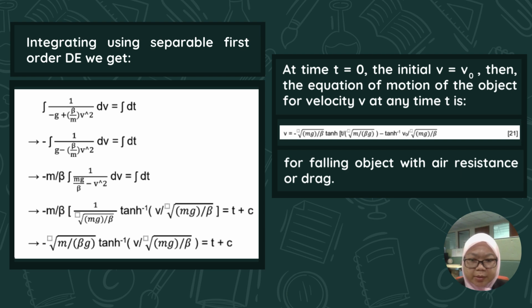Integrating using the separable first order DE, we get the integration of 1 over negative g plus beta over m multiplied by v to the power of 2 dv equal to the integration of dt.